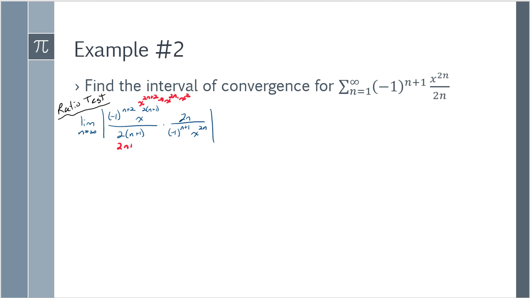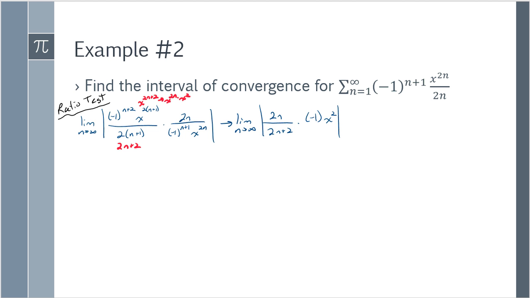The denominator will be 2n plus 2. So I end up with the limit as n goes to infinity of the absolute value of 2n over 2n plus 2 times -1 times x squared.